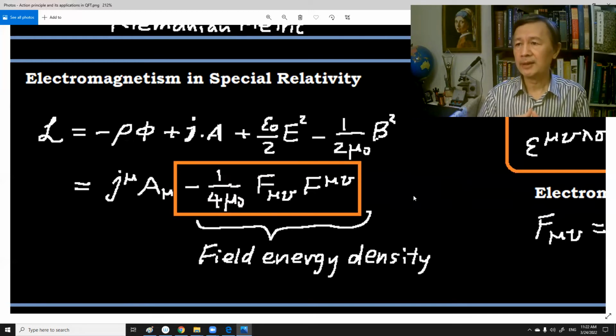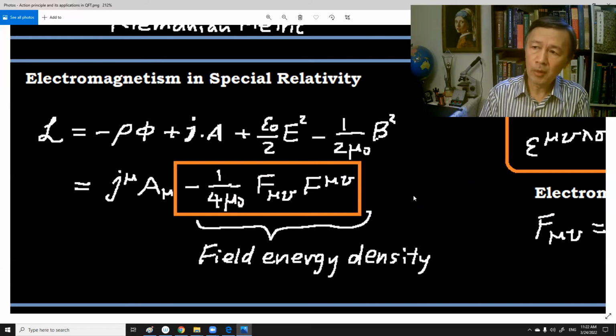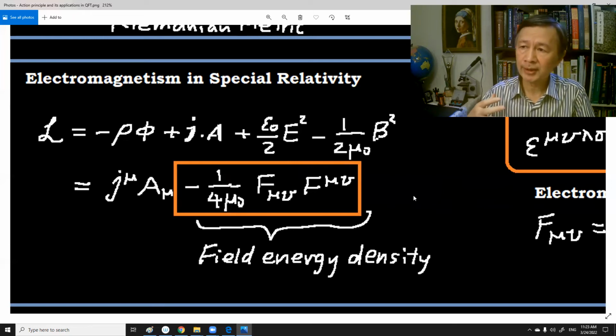Since the beginning of the 20th century, more researchers in field theory began to consider whether we should treat this electromagnetic field as a real physical being.